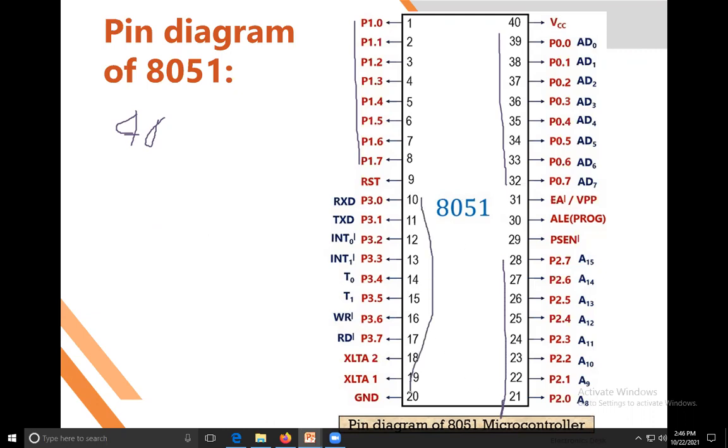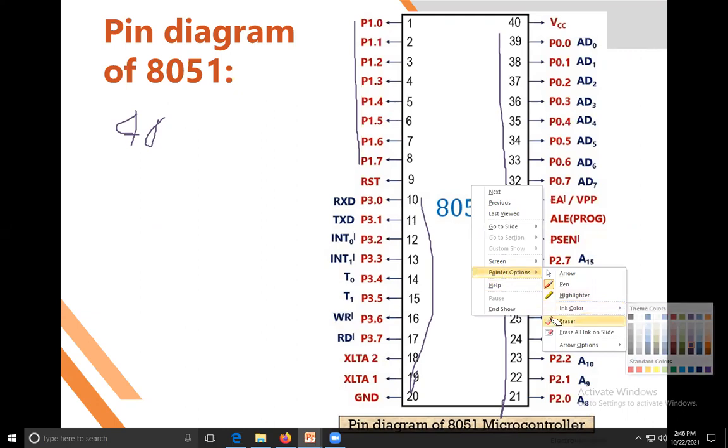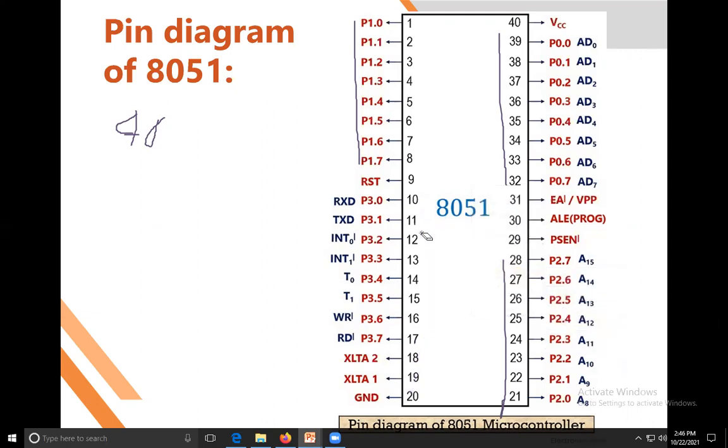So out of the 40 pins, 32 pins are port pins. Understood?